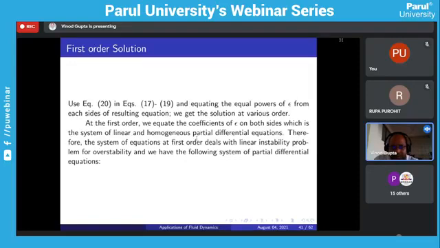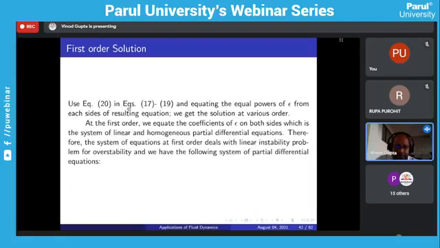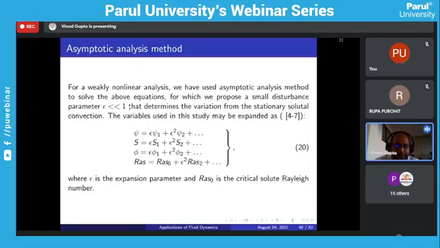So this is the first order solution. First order means we equate the coefficient of epsilon on both sides.